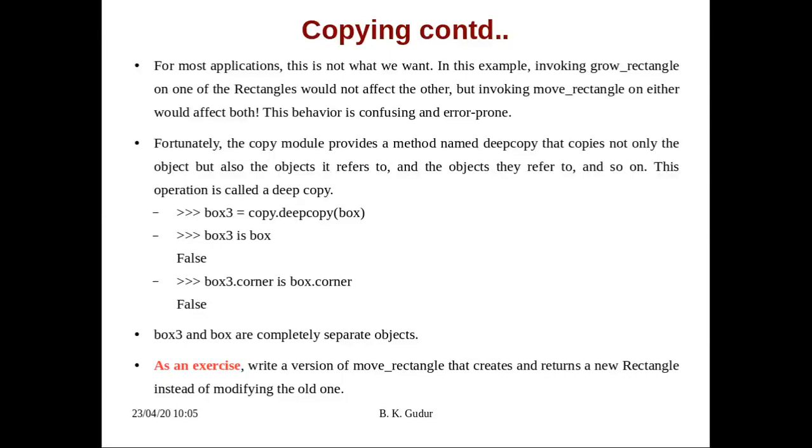Because width and height are separate for both objects, it will not affect the other. Whereas with move rectangle, we are going to change the corner point, and the corner point is the same for both rectangles. Because of that, move rectangle is going to affect both the rectangles.